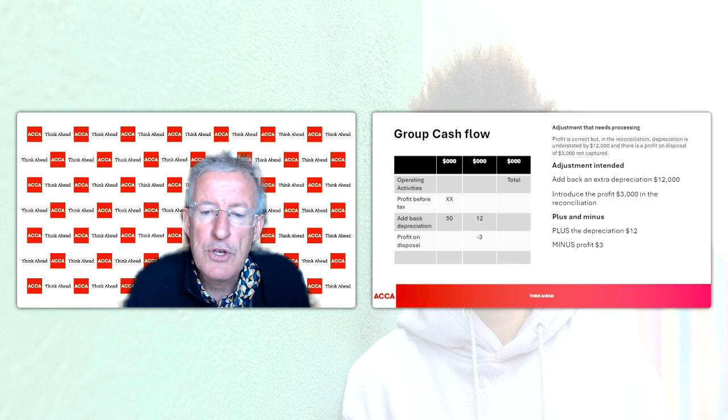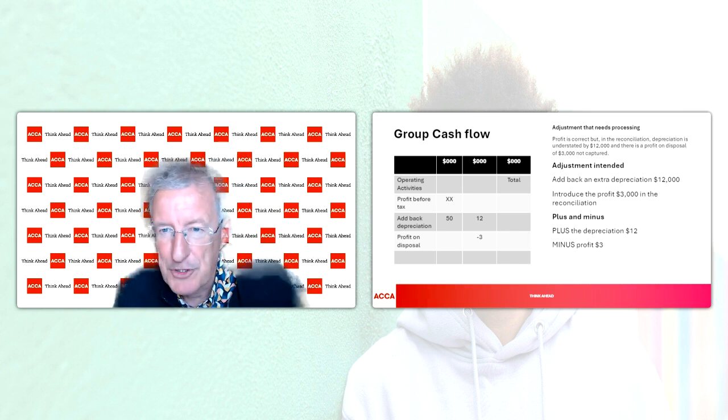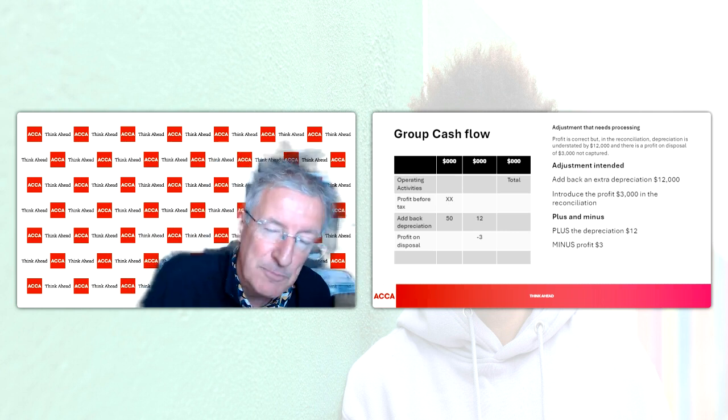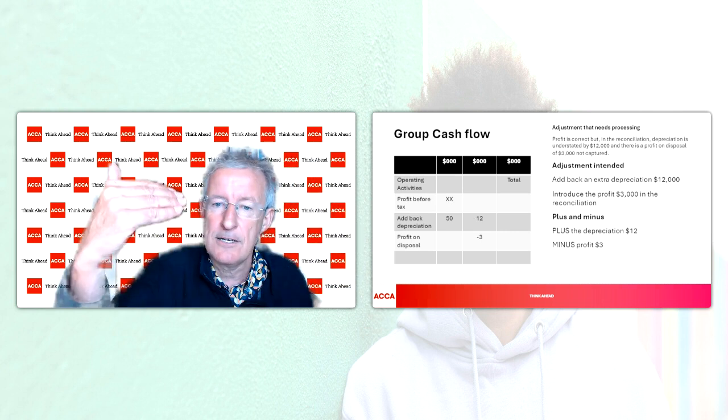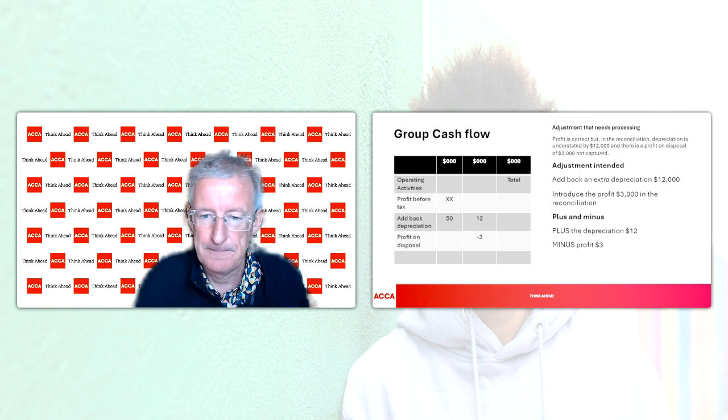So we're not adding back the profit on disposal, we're minusing the profit on disposal. Yeah, this is in the reconciliation of profit to cash flow. So we deduct the profit on disposal, correct? Adana, correct.